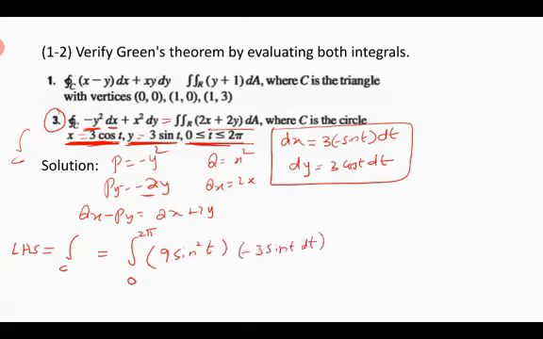That is the first term. Second term, x squared. X squared is 9 cosine squared t and dy is 3 cosine t dt. Now we have to simplify and integrate it.